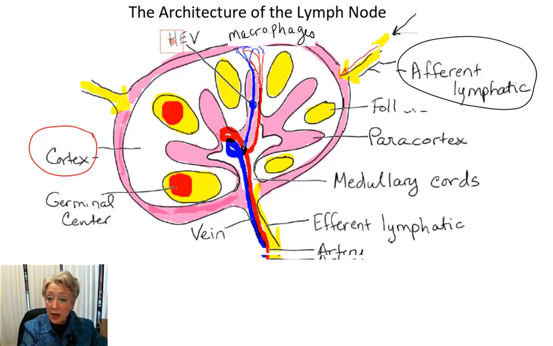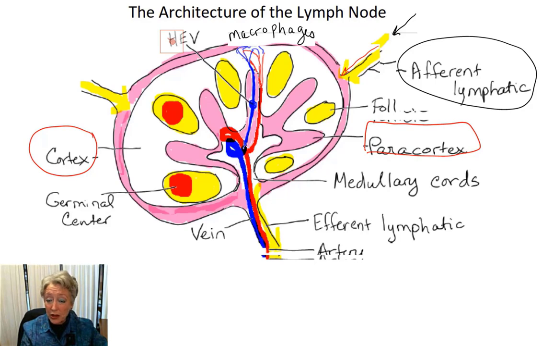T cells, as they migrate through their pattern of trafficking, will come to reside in the paracortex. And the paracortex of the node stretches finger-like in between the areas of the cortex so that these areas of communication can be established between T cells and B cells when that is a necessary process.